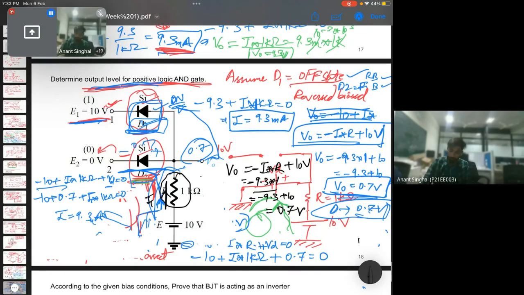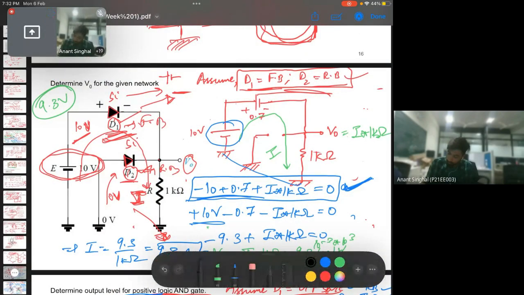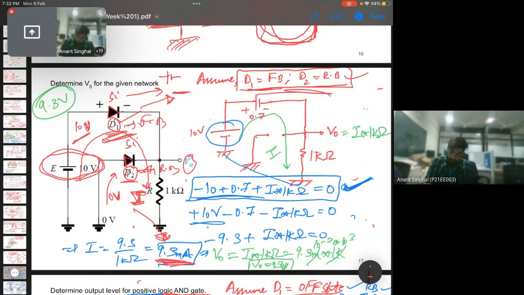So these two are important questions from the quantitative perspective. I'll give a brief of them again, quite fast. You can see what we have done is in this question we have a direct 10 volt applied to this D1 and a ground applied to this D2. So we assume that D1 is in forward bias and this D2 is in reverse bias.